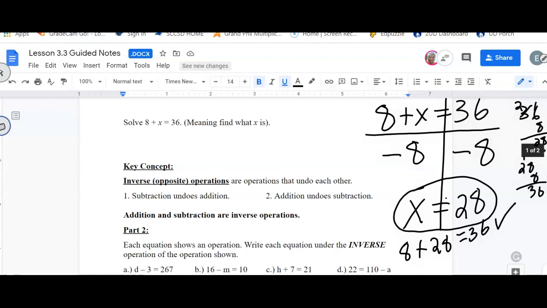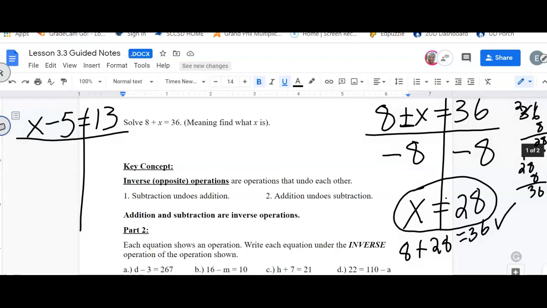When we add, what are we doing under the t-chart? Megan? We subtract. Okay? So if I gave you a problem like this, x minus 5 equals 13. It's not on your guided notes. Just follow along up here. What time is it? T-chart time.